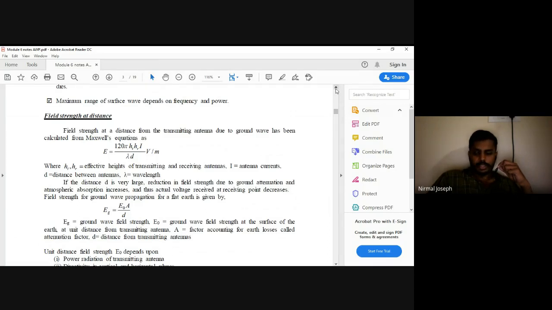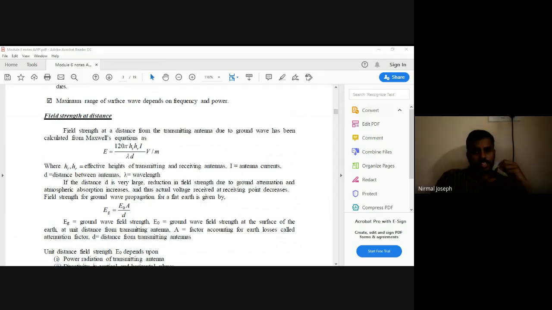We already saw that the main disadvantage of this ground wave propagation is the absorption by the earth. So if we want to cover more distance, or get more range, more power should be utilized. So that is also a main disadvantage of this.